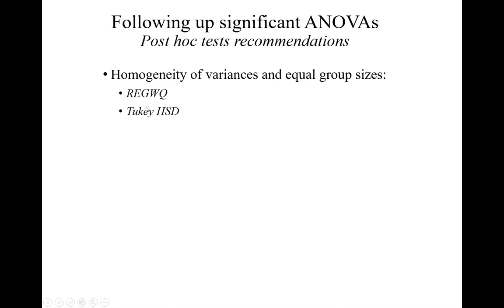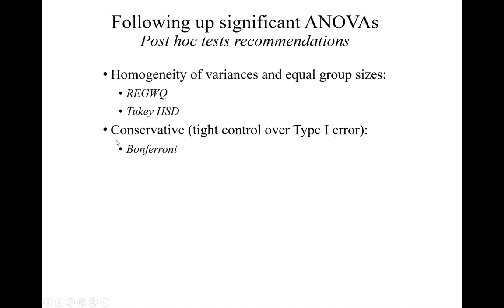Tukey is a person, HSD stands for honestly significant difference, and REGWQ is the initials of the words, which I think we'll see in a moment. Don't worry about what those actual words mean, but it's good to get to know them for when you're going to be using these kinds of post hoc tests. So if everything's good in your data, REGWQ or the Tukey is the way to go. One or the other.